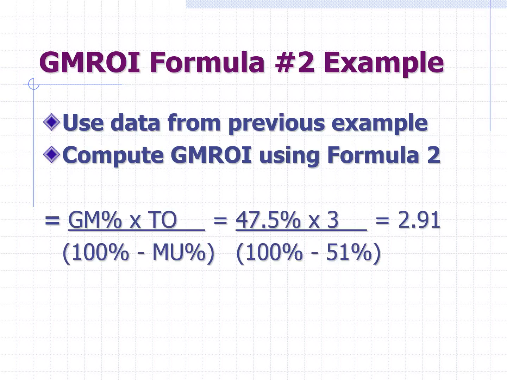Again, you should have exactly the same answer as you calculated using formula number 1, right? Gross margin percent of 47.5% times turnover of 3, divided by 100% minus the markup percent, 51%. It should be again 2.91. So whichever formula is used, you should get the same answer as long as all the other numbers are coming from the same setup.